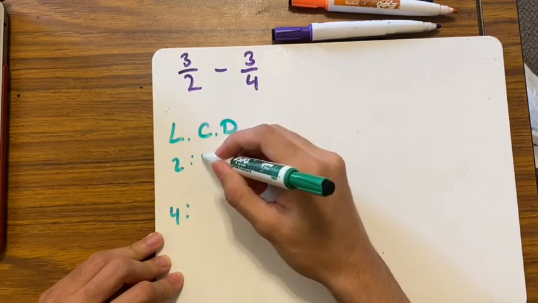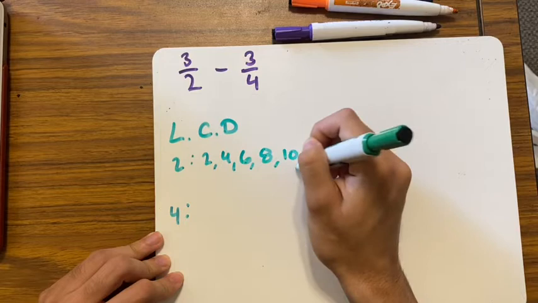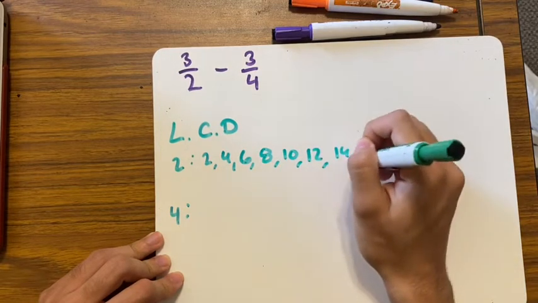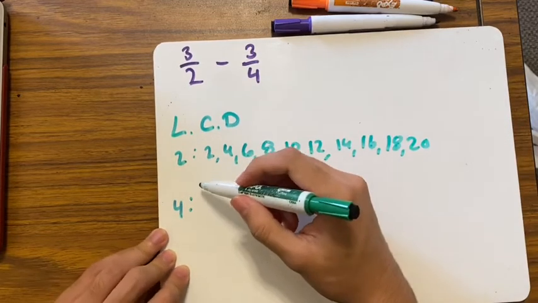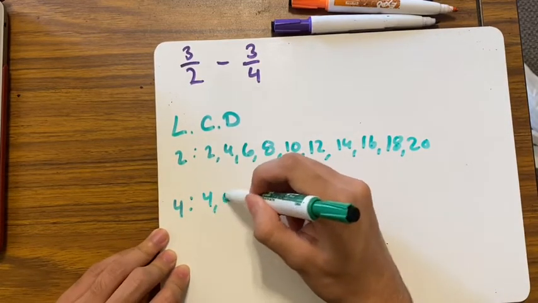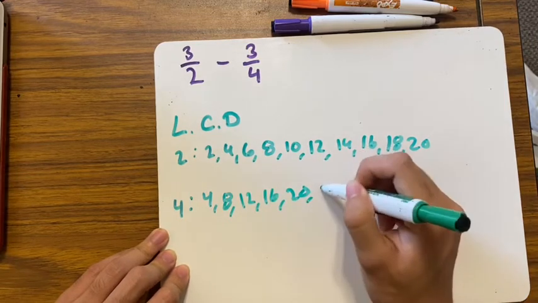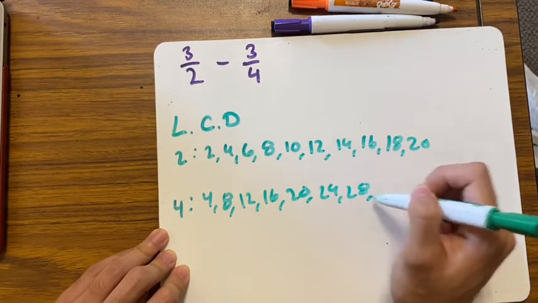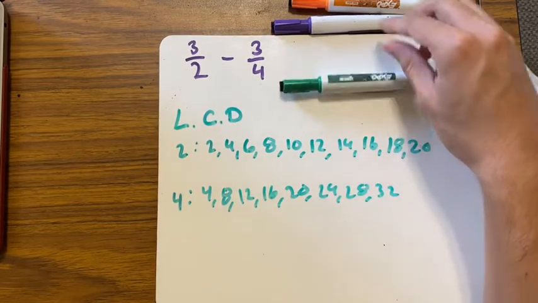So let's skip count by 2. 2, 4, 6, 8, 10, 12, 14, 16, 18, 20. All right, then let's skip count by 4. 4, 8, 12, 16, 20, 24, 28, 32. We'll stop right there. All right, so what numbers do they have in common?